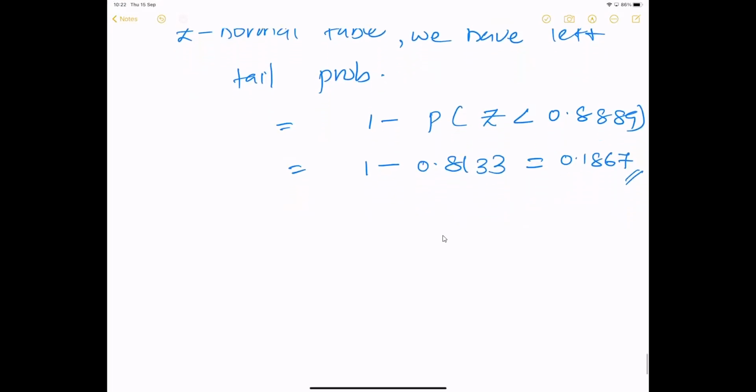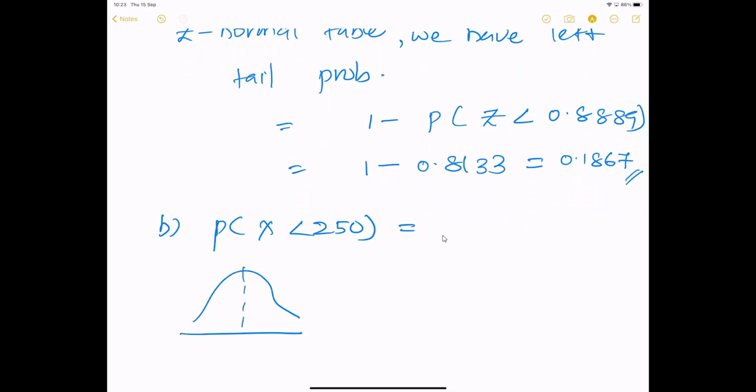So the second part, B: x less than 250. The left-sided probability they are asking. This one should be 250, left area probability they are asking.